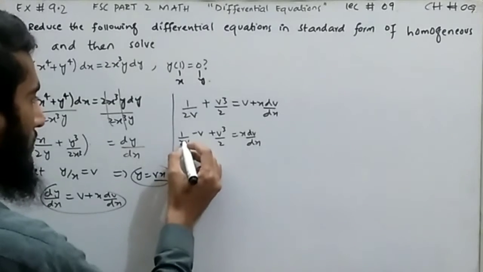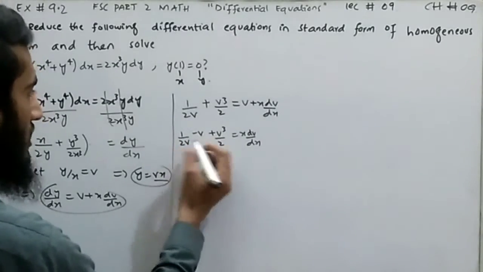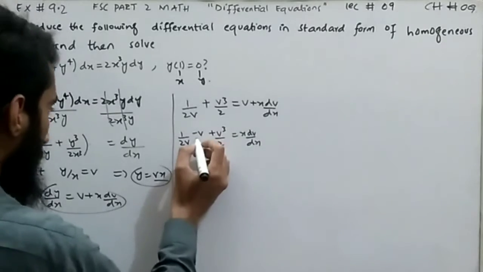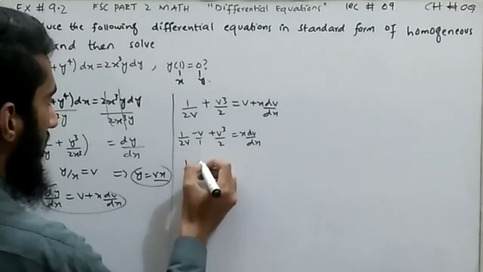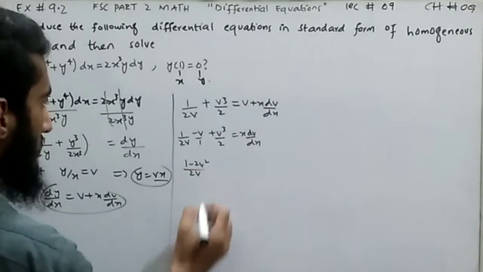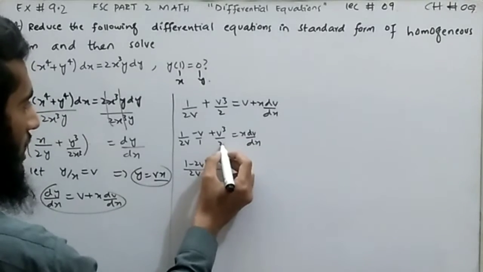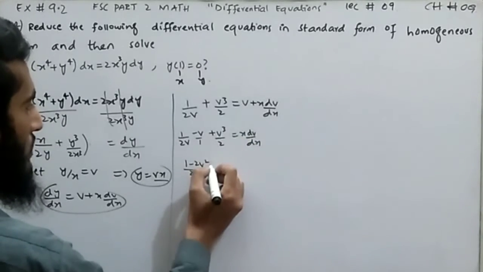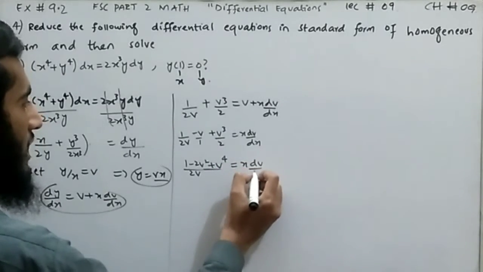Take v common, so we are left with 1 over 2 minus 1. So over here, this is in the division, this way we cannot take v common. So taking LCM 2v, so it becomes 1 minus 2v square, and also from over here we have 2, so it will give us v power 4 in the numerator, is equal to x dv by dx.